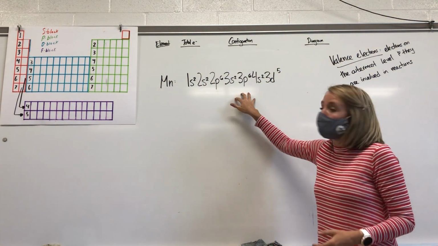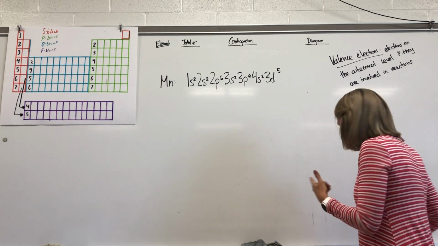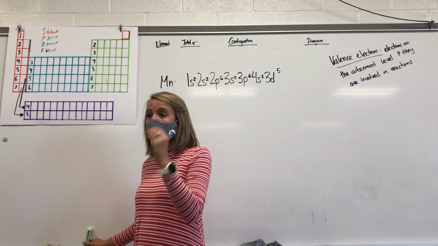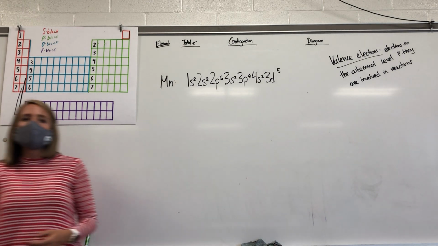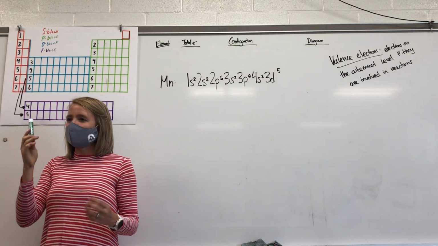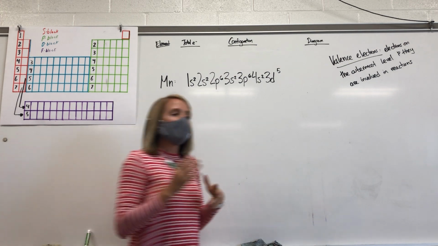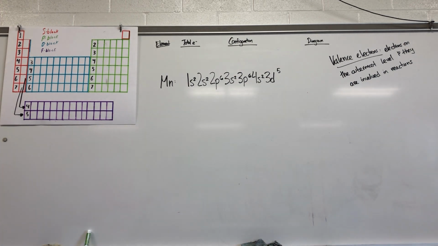So, okay, let's shortcut this. The rule for shortcutting the core electrons is you go to the nearest element that is completely filled. The only filled elements are known as the noble gases, and they are in column 18. So, for manganese, argon is the farthest filled noble gas element, so that's what I'm going to shortcut with.